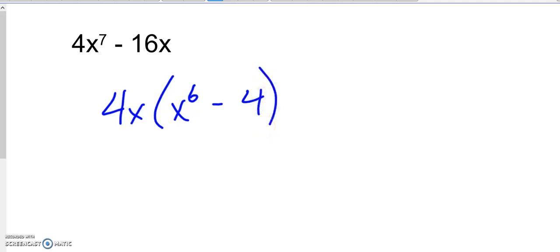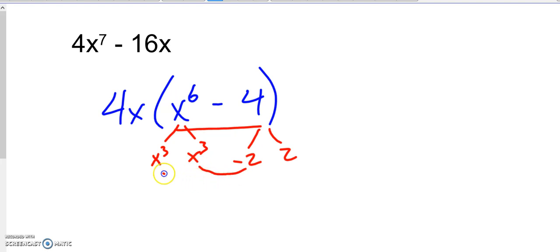And it doesn't look like it, but we actually have a difference of 2 squares here again, because x to the 6th can break down into x to the 3rd times x to the 3rd. Remember, we add those exponents if they have the same base. And then 4 is a perfect square with 2 and 2, and one of them is going to be negative. So really what we have here, and you can check this, negative 2x to the 3rd plus 2x to the 3rd cancels, so there's no middle left. That's why it's a difference of 2 squares.